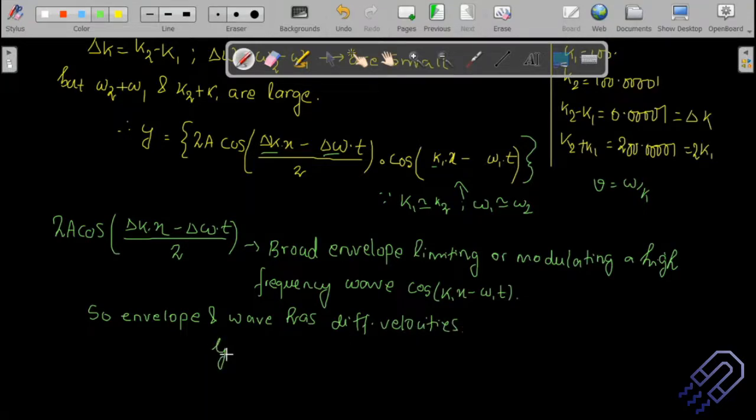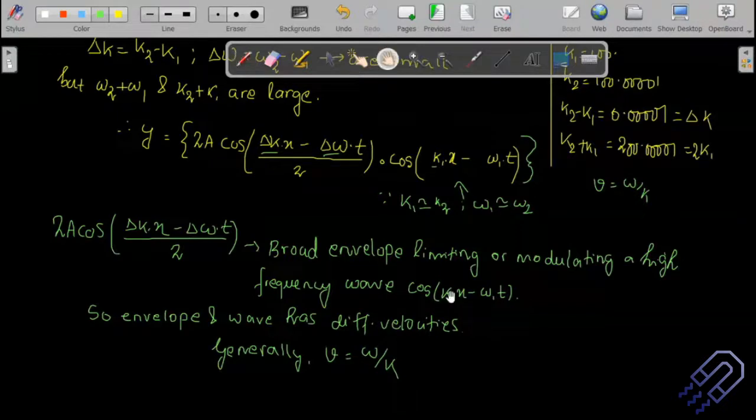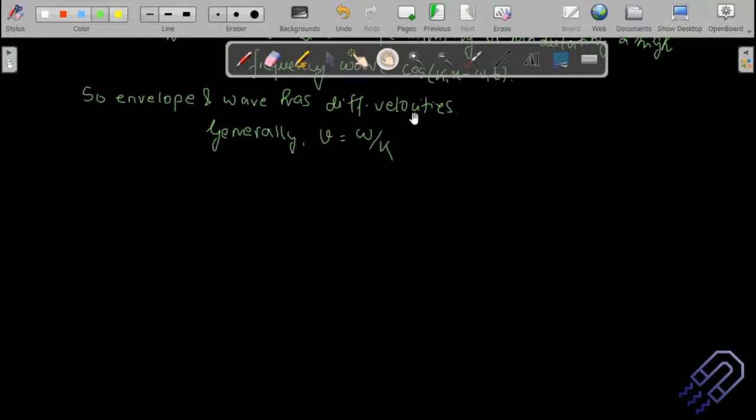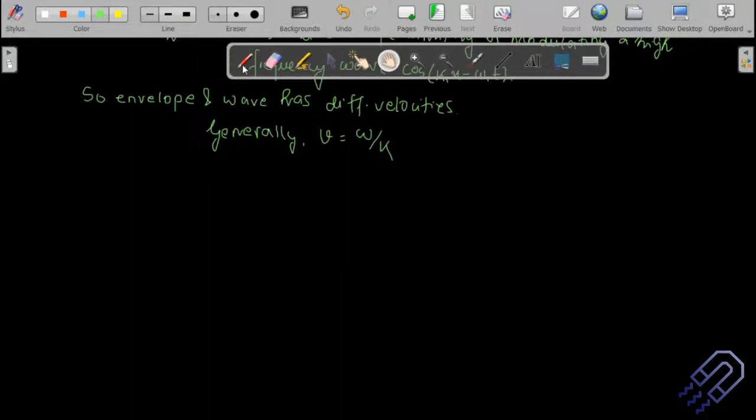So generally when we write it down, I think we have already done it at the beginning of the class, velocity V is equal to omega divided by k. So this is your phase velocity. But if you look into the group of waves, it is actually defined by this expression. Maybe we can write it here. Okay, group velocity.